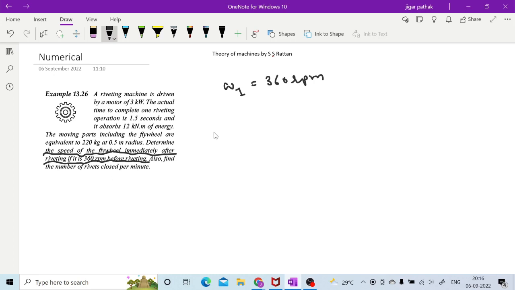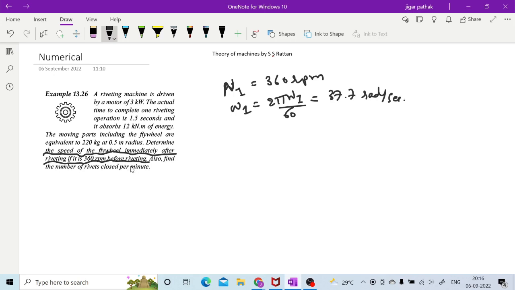If you have not omega 1 but n1, you can convert it to omega 1 by 2 pi n1 by 60. If you convert it, it will be around 37.7 radian per second, right?